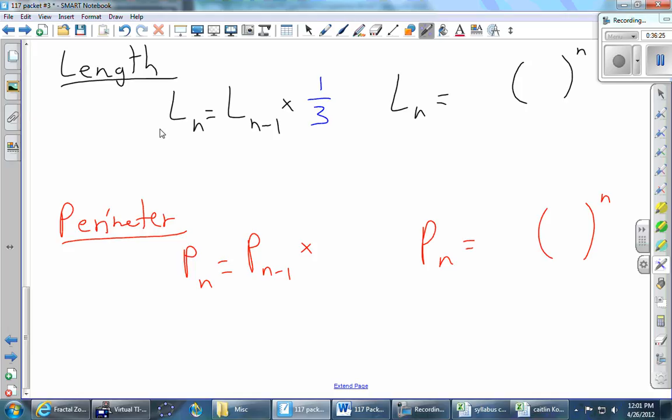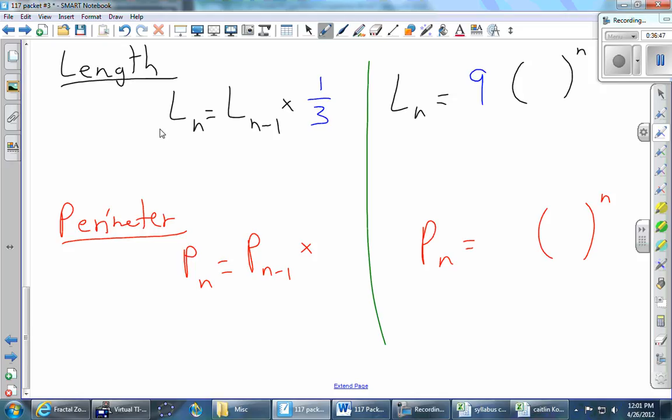More useful is the explicit. The explicit says you need to find the starting number and you need to put the common ratio in the parentheses. For the length, what was the starting number? It was a 9, right? The original triangle had a 9 in this problem. Inside the parentheses goes the magic ratio, the multiple.